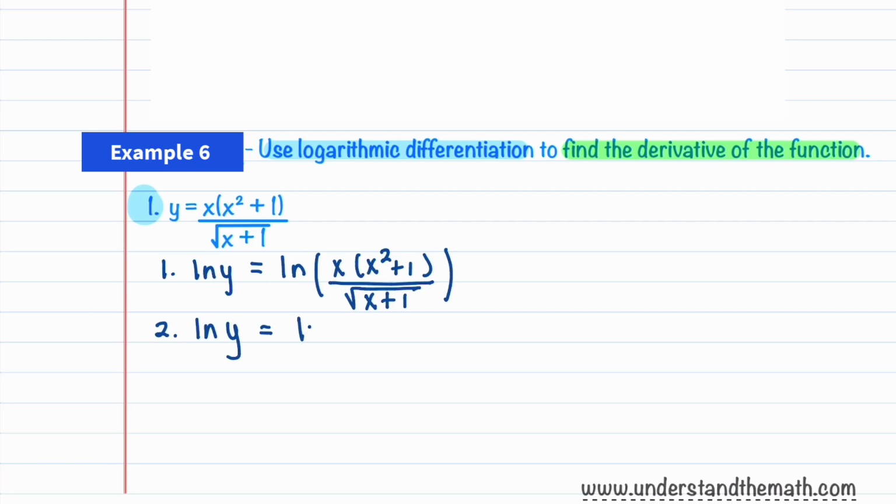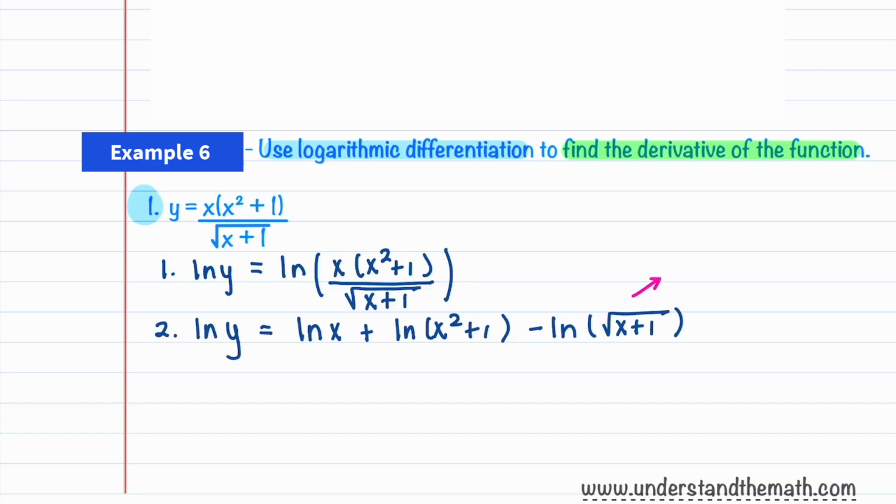So we're going to write this as ln x plus ln (x squared plus 1). You use a plus whenever things are multiplied, and when things are divided, you use a minus, so we have minus ln of the square root of x plus 1.